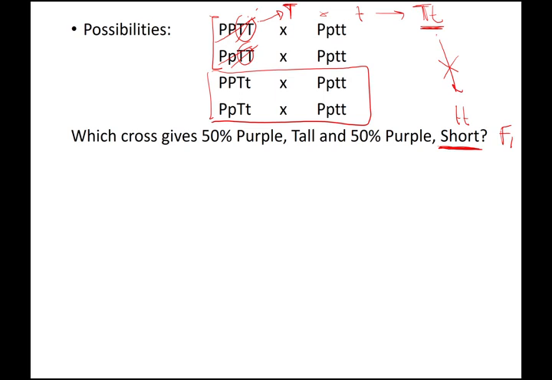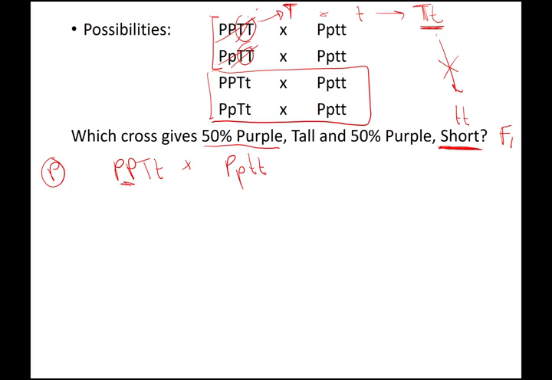So let's start with the first crossing here. Capital P, capital P, capital T, small t, crossed with the plant that we already know the genotype of. If this is true, we should get 50% purple tall, 50% purple and short. So these are the possible gametes here.